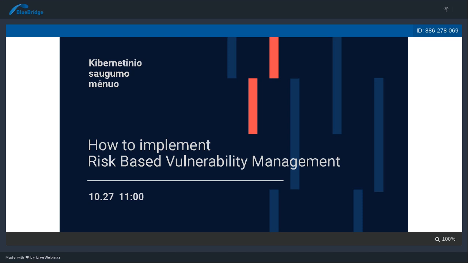But the things we look at include exploitability. How easy is it? I showed you in the slideshow. Can an exploit be used right now to take advantage of this vulnerability? What sources are people talking on? We monitor the dark web, hacker forums, social media, mainstream media and various other sources to look for people talking about these vulnerabilities or maybe taking action against them.